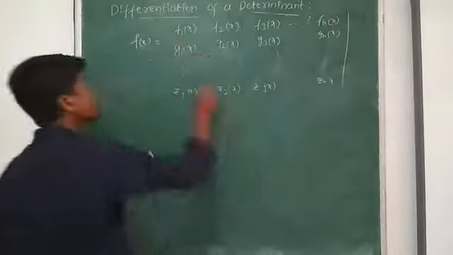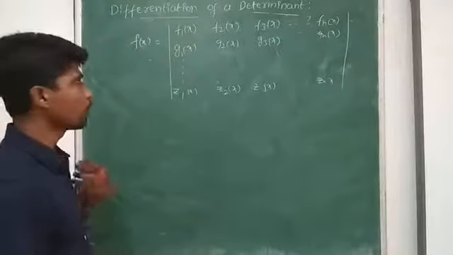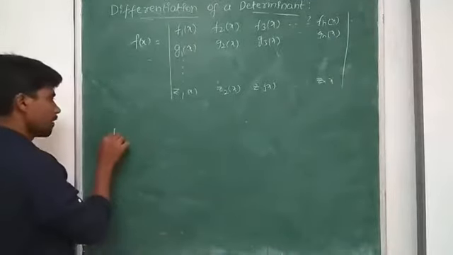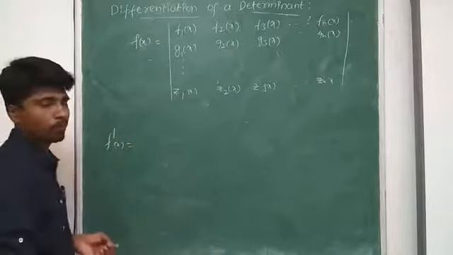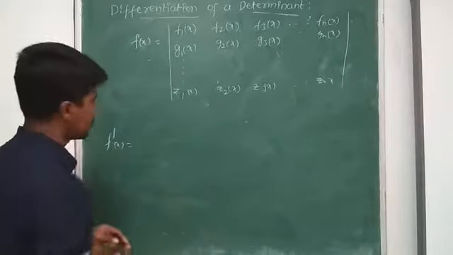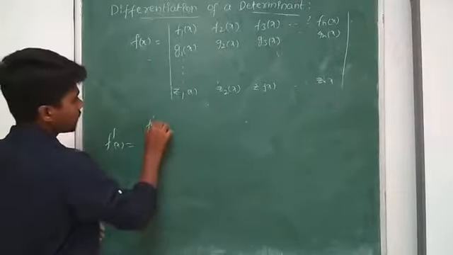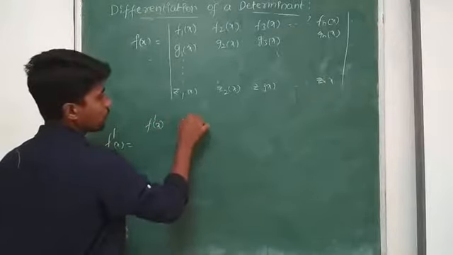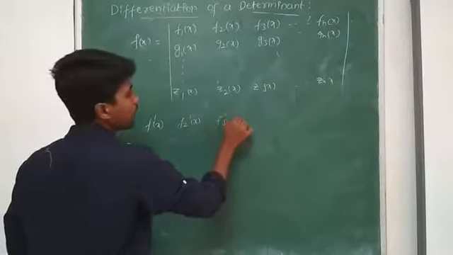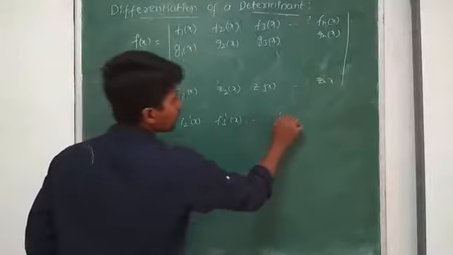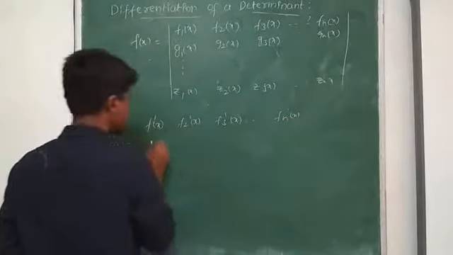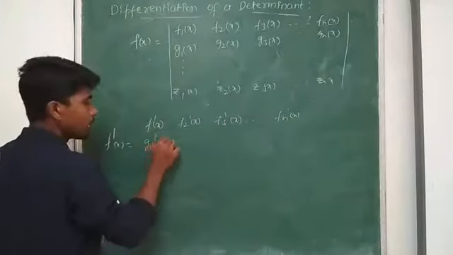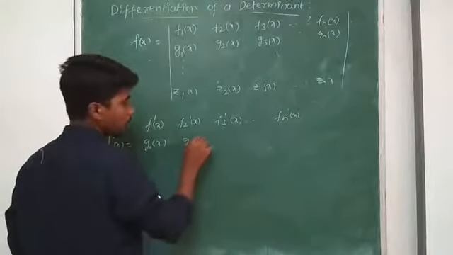If I have this as a determinant and want to find its derivative, then f dash of x will be equal to, with respect to rows, f1 dash of x, f2 dash of x, f3 dash of x and so on, fn dash of x. The rest will be unaltered.